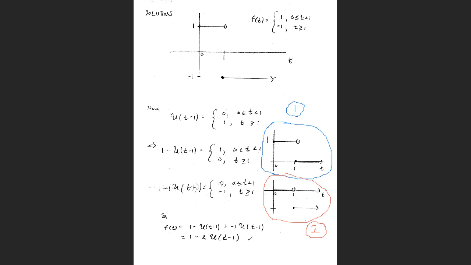If I added 1 plus 2, would that give me my f of t function above? Is my f of t function the same as adding those two stepwise functions?